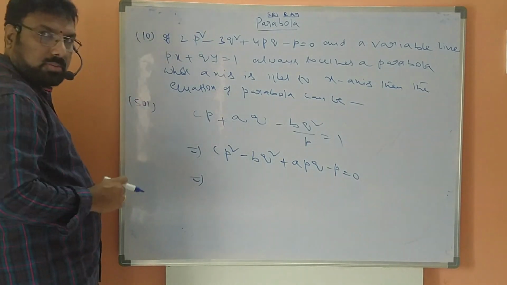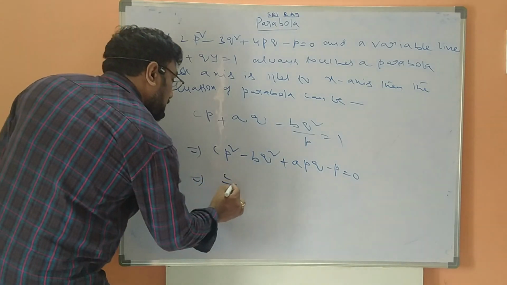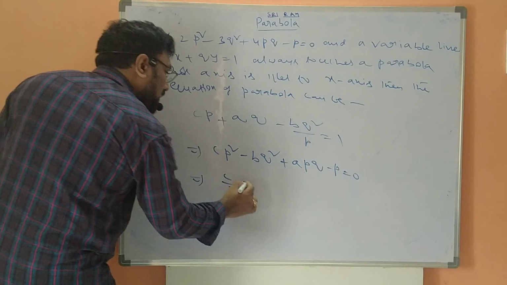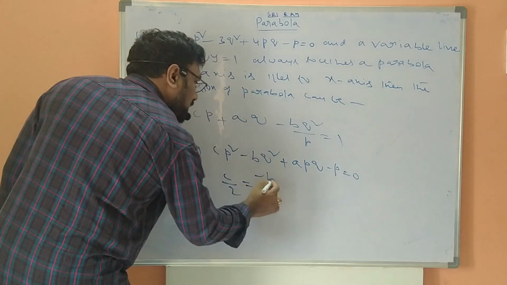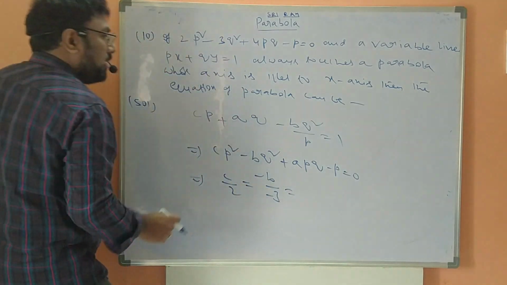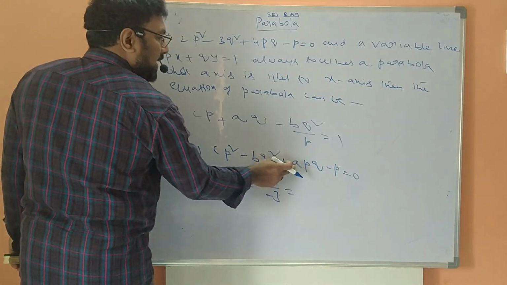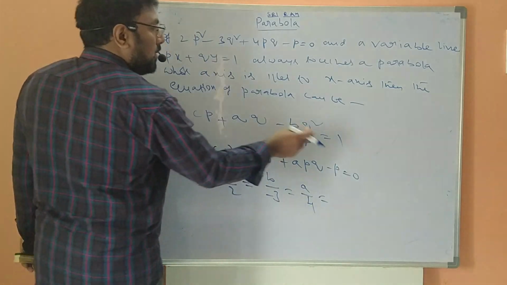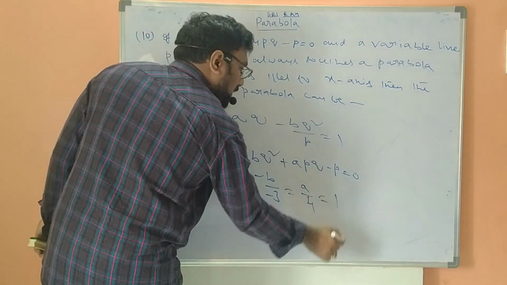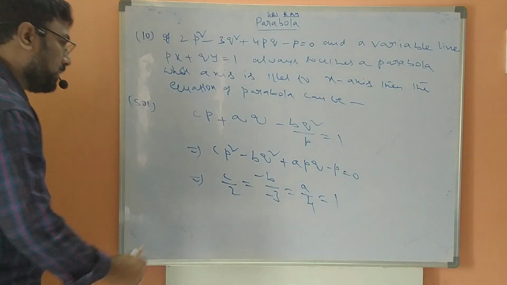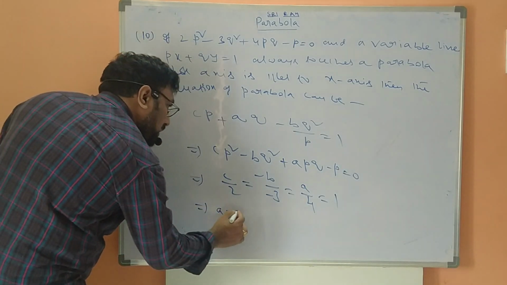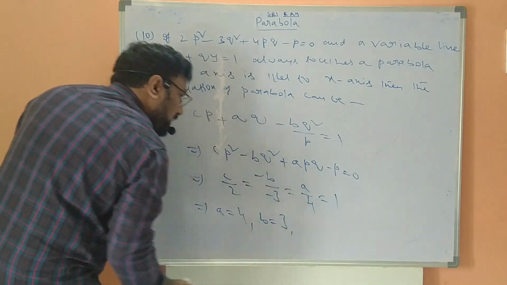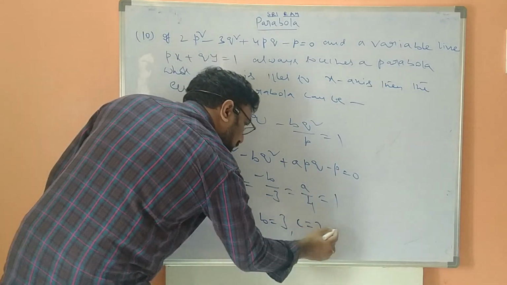This implies c by 2, because comparing the p square coefficients, equals minus b by minus 3, equals the pq coefficient, a by 4, equals minus p by minus p, which is 1. So we are getting a equal to 4, b equal to 3, c equal to 2.